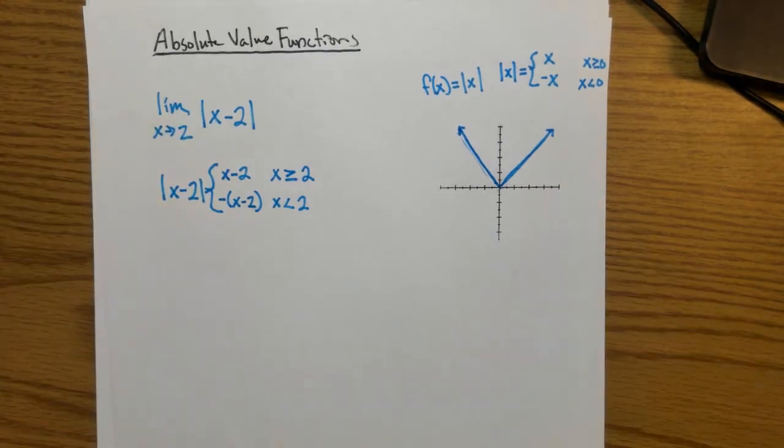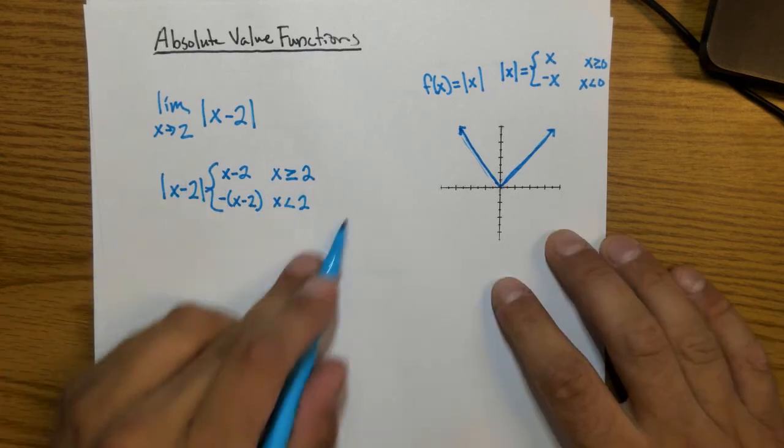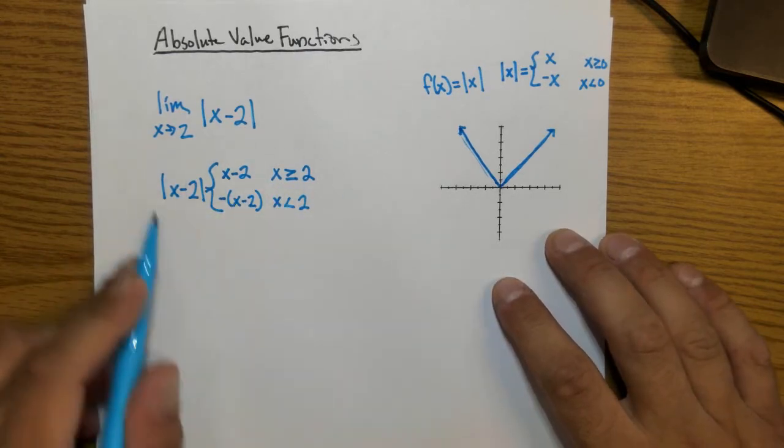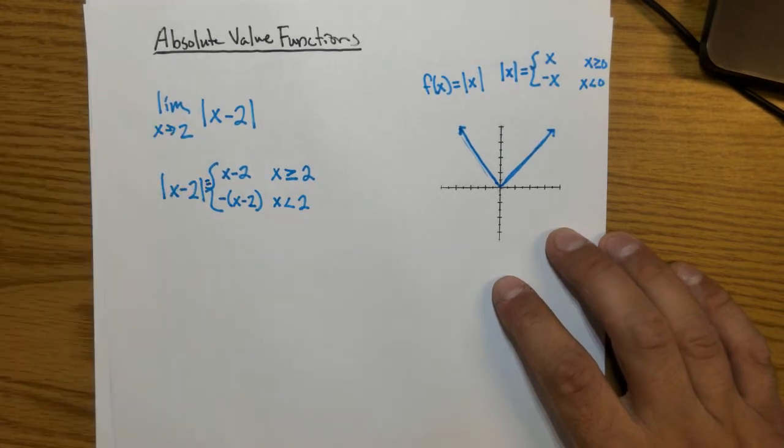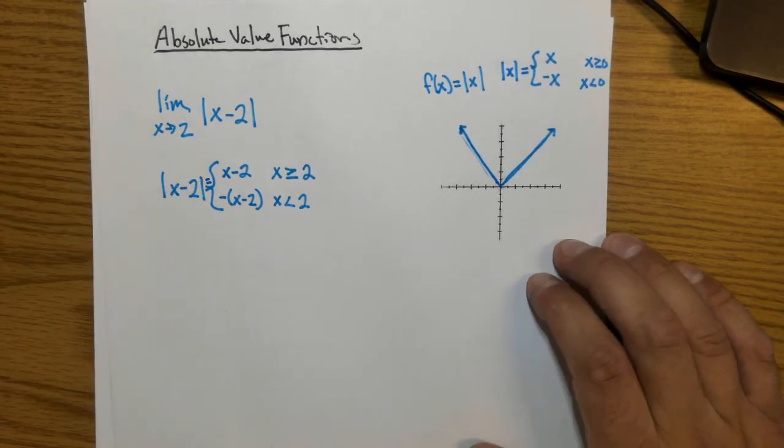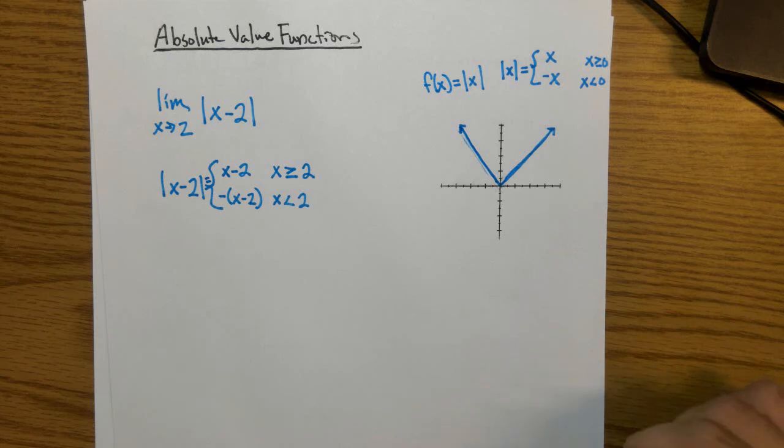Okay? So now that we have it written as a piecewise function, we'll do exactly what we did with the piecewise functions: see if they agree. If they agree, there's a limit there, and if they don't agree, the limit does not exist at that point.